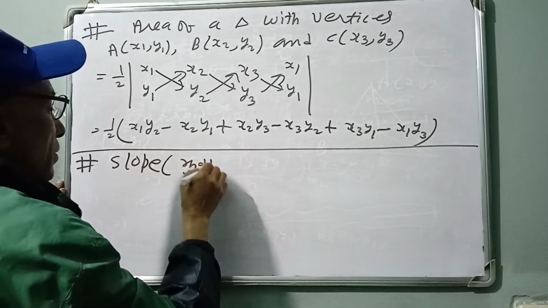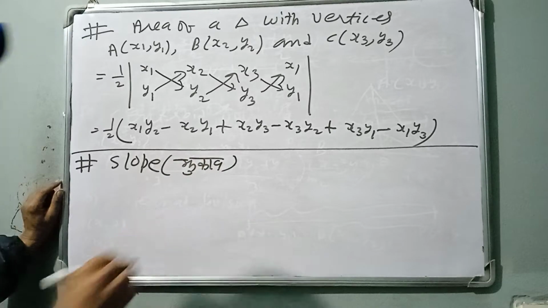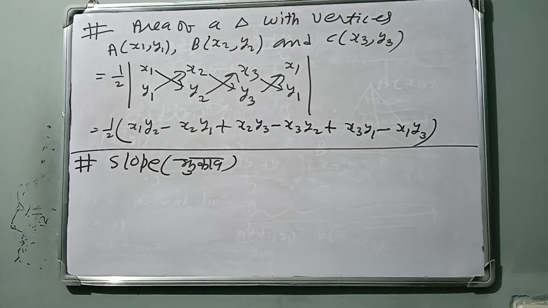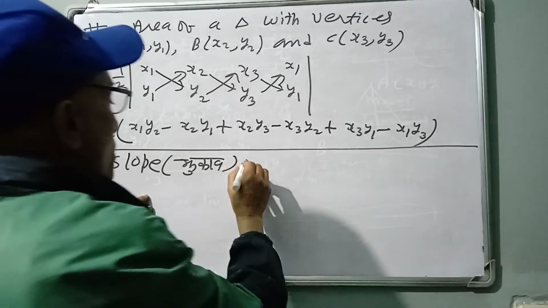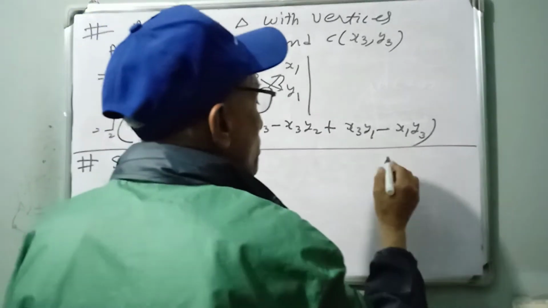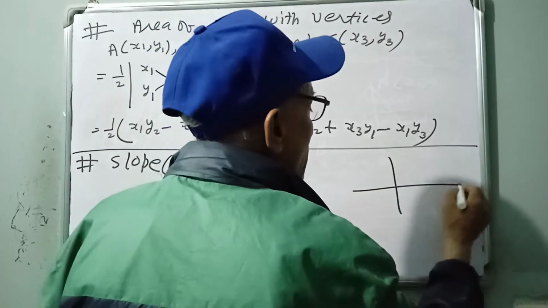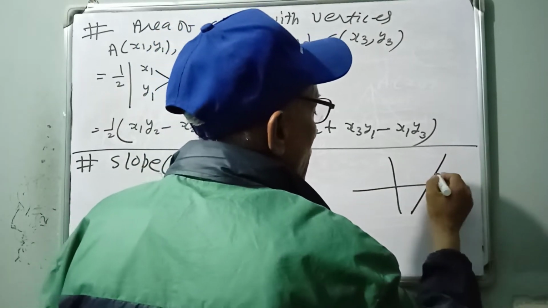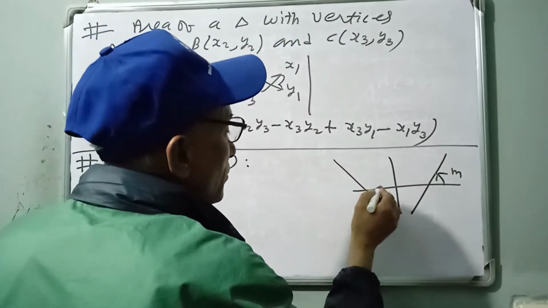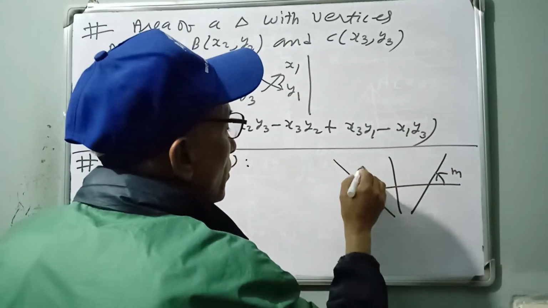Slope. नेपाली झुकाव, लाइनले एक्स एक्सिससँग, पोजिटिभ एक्स एक्सिससँग बनाएको एङ्गलको टेन्जेन्ट. What do you mean by slope? Many students are confused. What do you mean by slope? First of all, let me draw x axis.